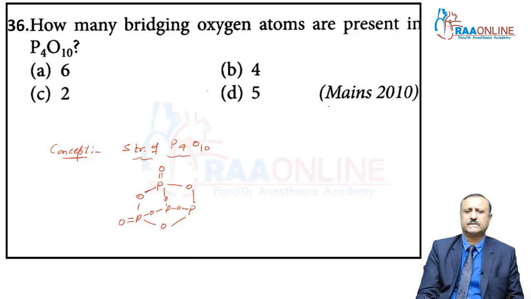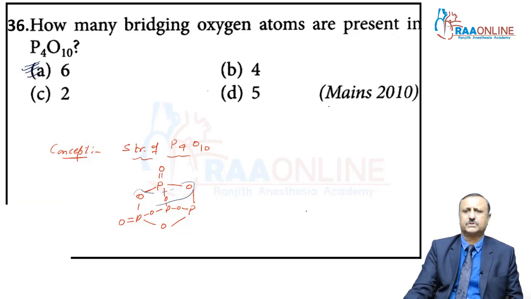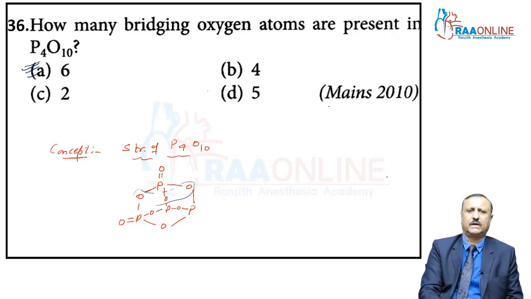So my dear students, you can see here 3 bridging oxygen atoms are present, and here 1, 2, 3 are present. So you can say here 6 oxygen atoms are present as bridging oxygen. So this is question number 36. The answer is A. This question also came in NEET 2010.